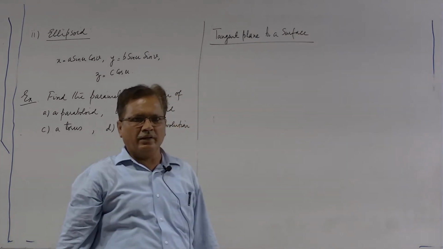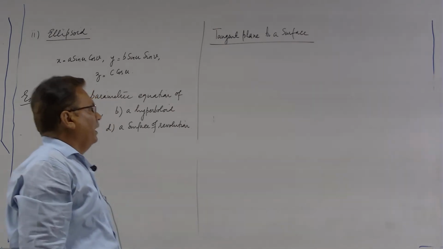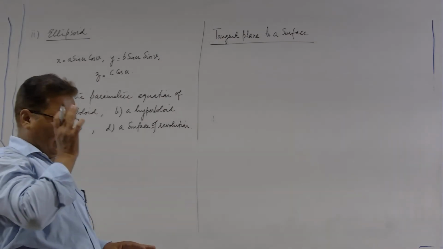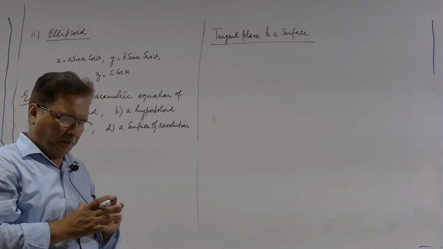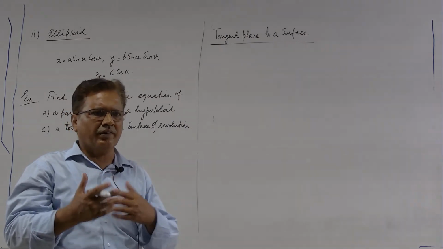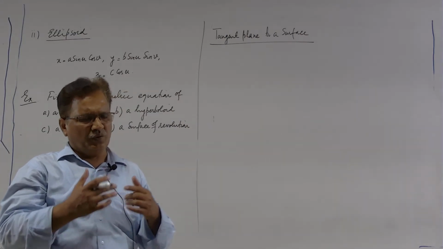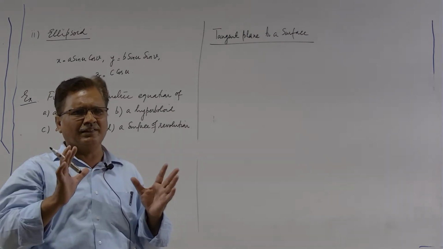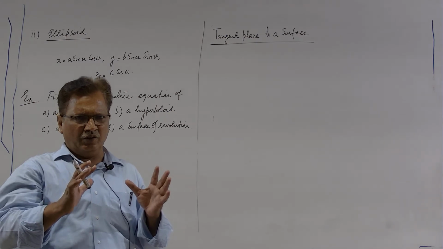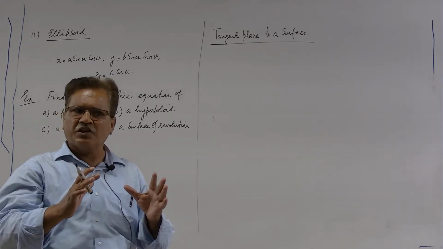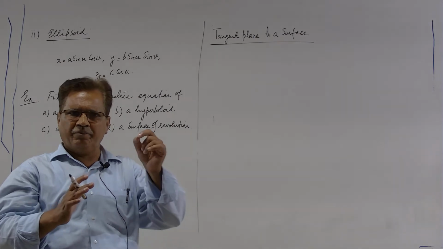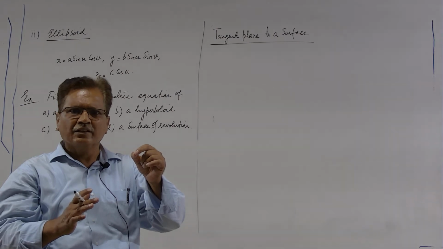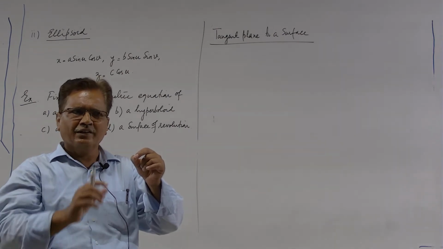As you have tangent lines to a curve, for this object, a surface, we have a tangent plane. The defining idea is the same. Let us recall how we defined the tangent line to a curve. We said a line which has the highest order of contact with the curve will be a tangent line. So, we would look at the tangent plane in the same manner. If I fix a point on a surface, we will look for the planes which have the highest order of contact with the surface.